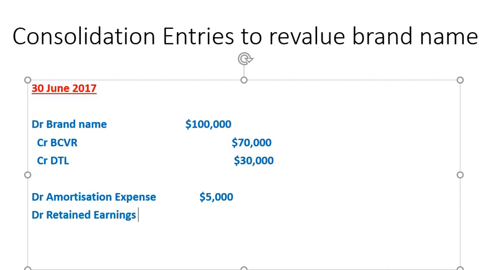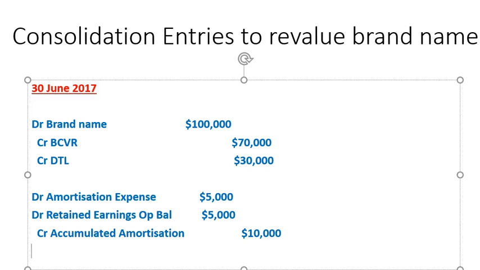However, because amortization expense is closed to retained earnings at the end of the year, we will need to recognize last year's amortization expense by adjusting the opening balance of retained earnings. So we'll adjust opening balance retained earnings by $5,000, and then we'll credit accumulated amortization by $10,000.